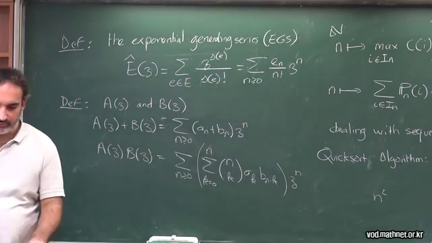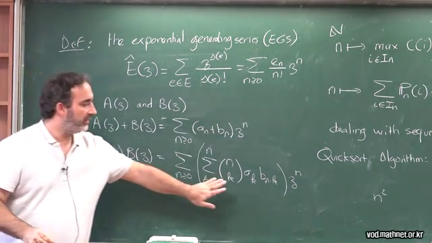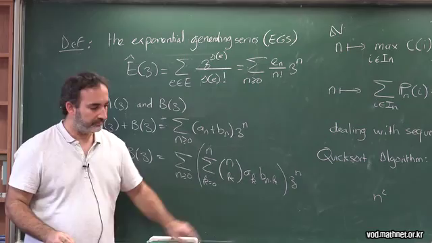So at this point, the use of formal power series is just to say that the product of two series is this series, right?